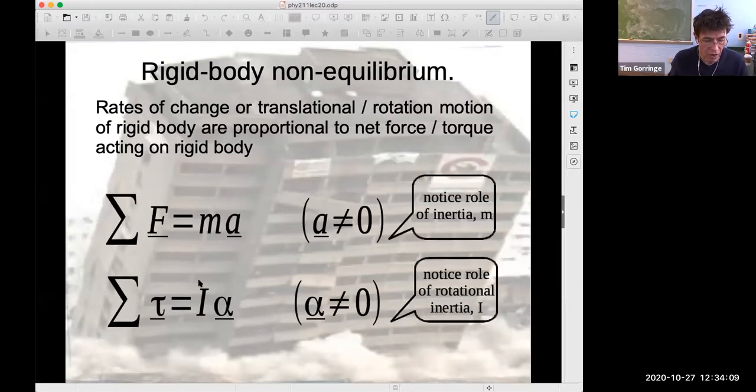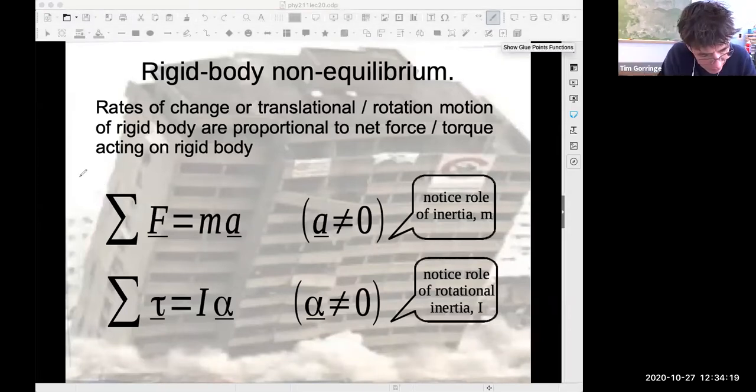And that's described by Newton's second law of translational motion. That's the upper equation in this slide. And the rotation is described by this second equation. That's Newton's law of rotational motion on this slide.